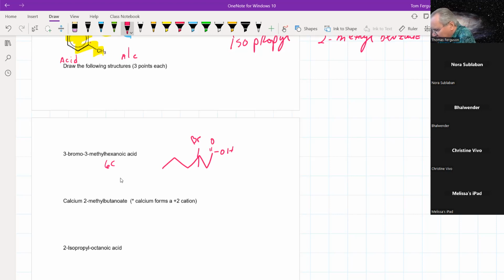Now we draw structures that are ionic, and we have to do square brackets. And this is calcium. Square brackets, and butanoate, that'd be 4 carbons, 2 methyl butanoate. Okay. So butanoate is 4 carbons.